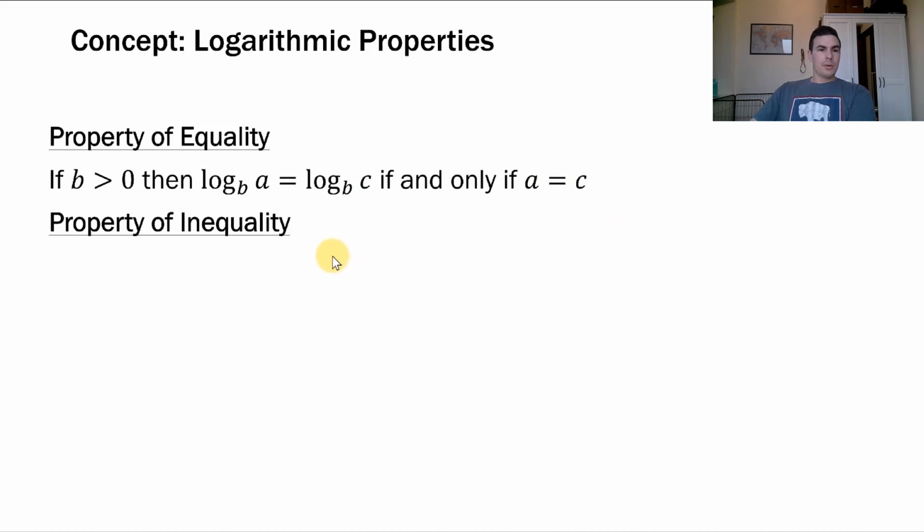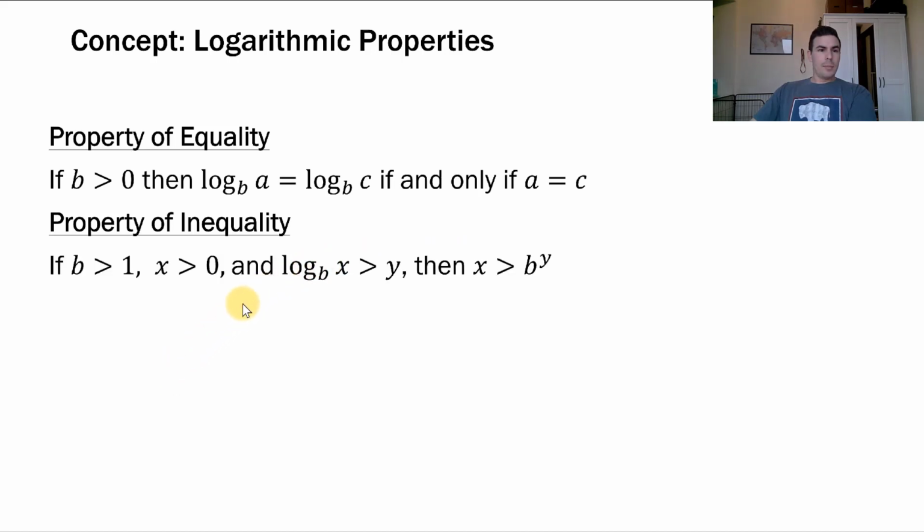We also have the property of inequality now. If I've got a base b that is greater than 1, and my x is greater than 0, and I have this inequality that says log base b of x is greater than y, then x is going to be greater than our base b raised to the y power.